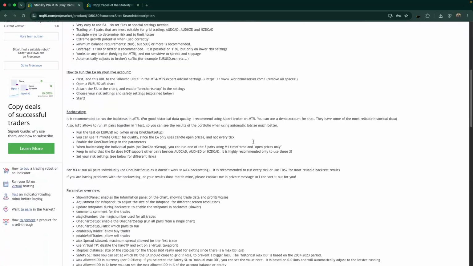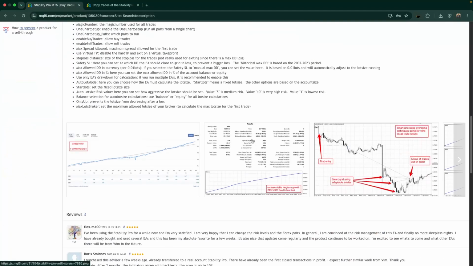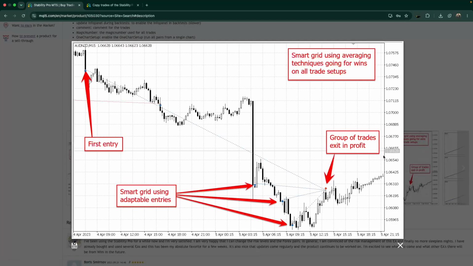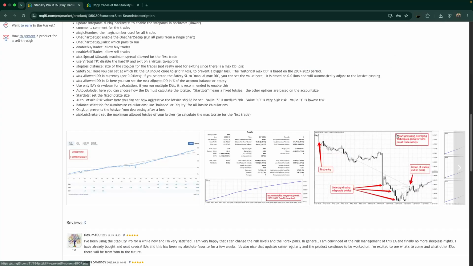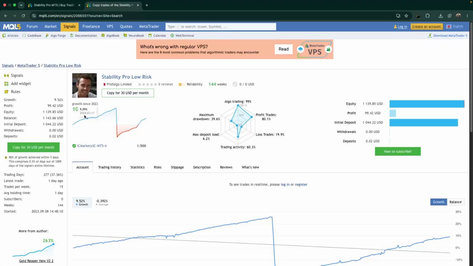Now going back to the page, that is all from the developer. This is how it works. Basically, we have a smart grid, but all of this depends on what you allow. They also have their live signal, which is still on, and it's been on since 2023. This is June 2026, but we had a very major dip here, probably because of the grid, which made it read around 10%.